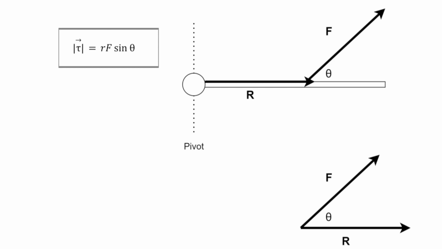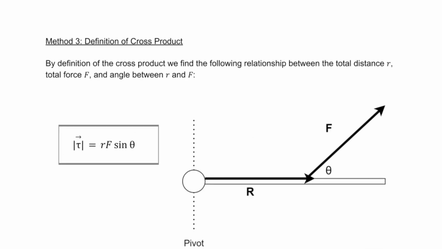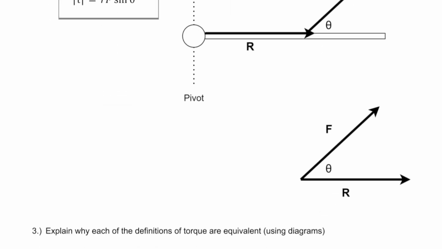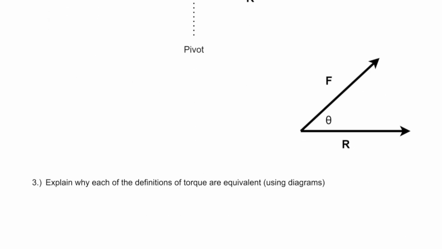So in this case, you can just think of copy pasting this R over here, and we can see that the angle between them is going to be that theta. So be careful. Just because you have a theta in your diagram does not mean that that's the theta that goes in there. It can often not be. So that's why actually looking at the two vectors together, making sure they're tail to tail like this, makes sure your angle is named correctly.